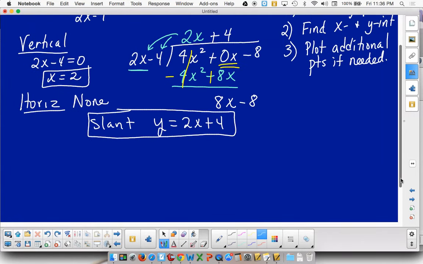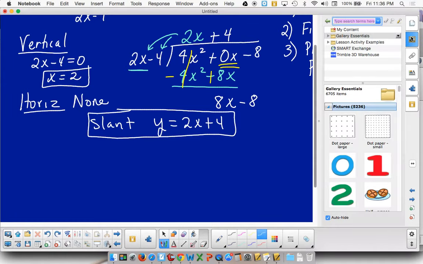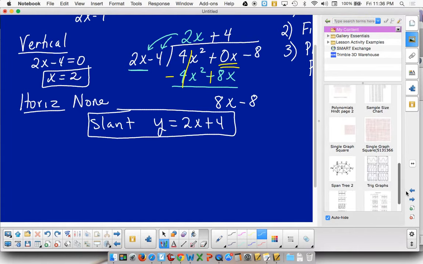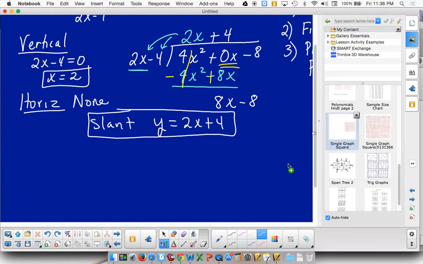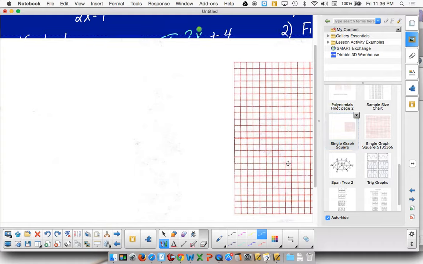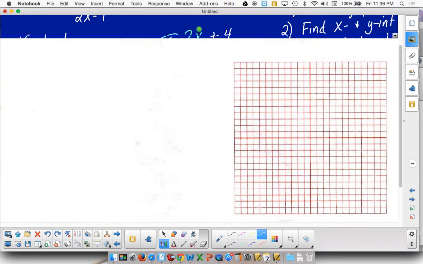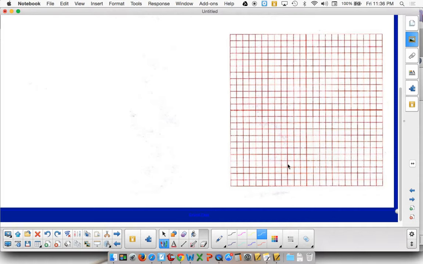So if I actually want to try to plot this, I don't know, maybe I do want graph paper here. Let me try that a second, see if I can just add a single square on here without killing the whole page. Wow, that killed a lot. Okay, that's not so good. Let me see if I can slide this down.